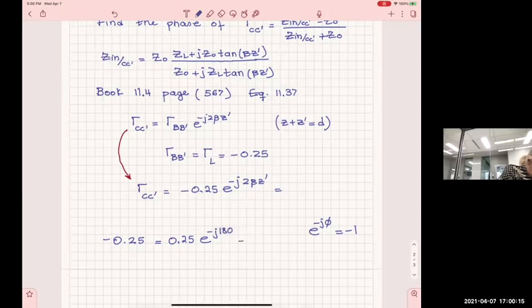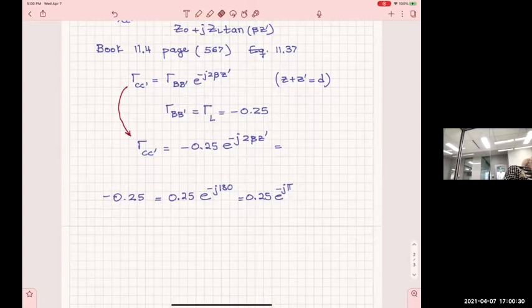So this is equal to 0.25 e to the minus j pi. All right. So what I can do here is to take these two, go here, and what do I have? That gamma C prime is going to be 0.25. Let me also move it a little bit.